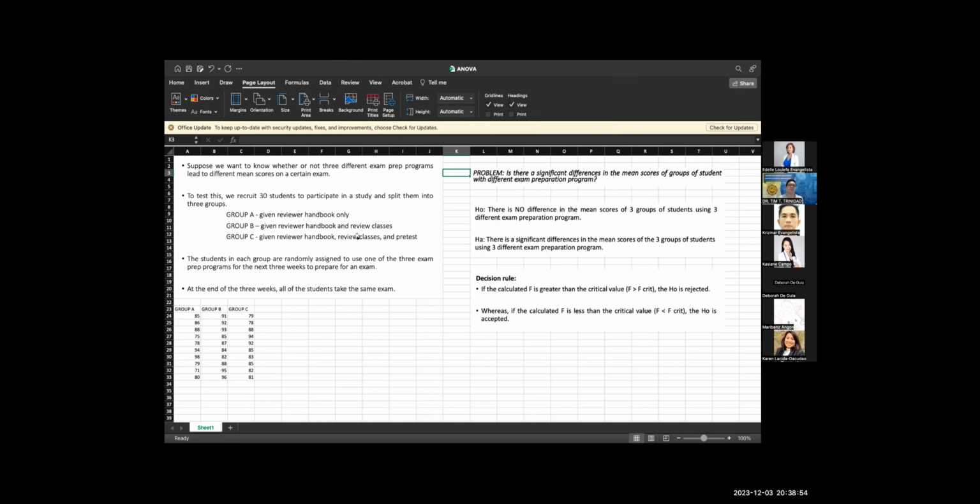They are given the same exam after 3 weeks. So as to our problem, is there a significant difference in the mean scores of groups of students with different exam preparation programs?